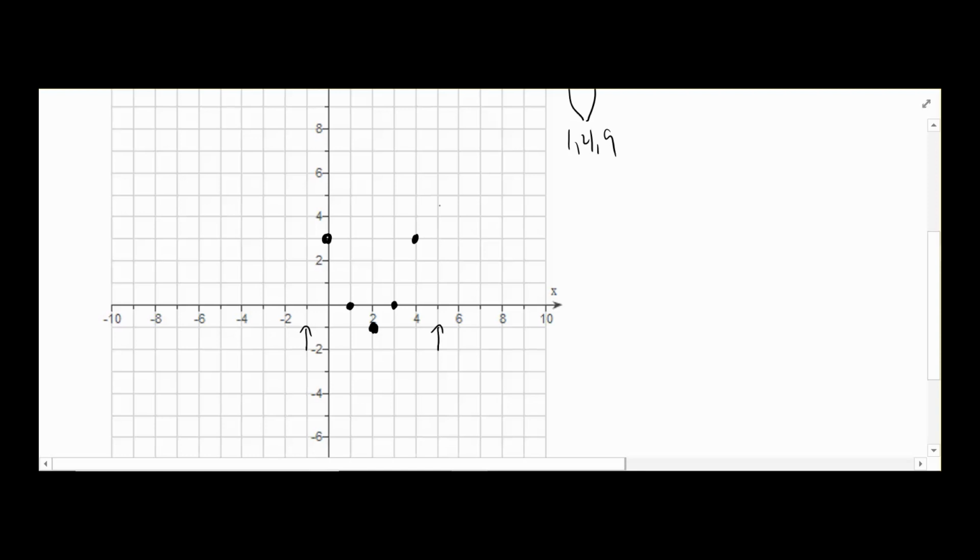So 5, 6, 7, 8, 9 gets me there. And now I can play connect the dots. And this parabola right here is the properly shifted parabola, shifted to the right by 2 and down by 1.